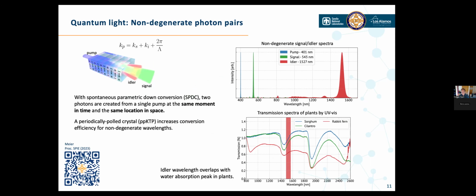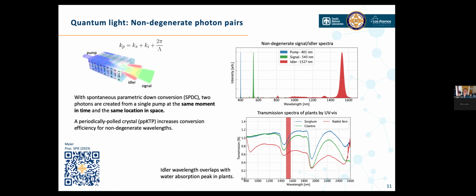So what is the quantum light that we're really using for this microscope? There's a lot of different forms of quantum light out there. They all actually kind of originate from the same basic process at the moment, where there are some different technologies out there that are doing different things.